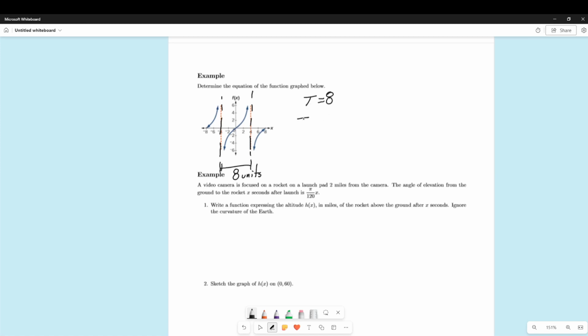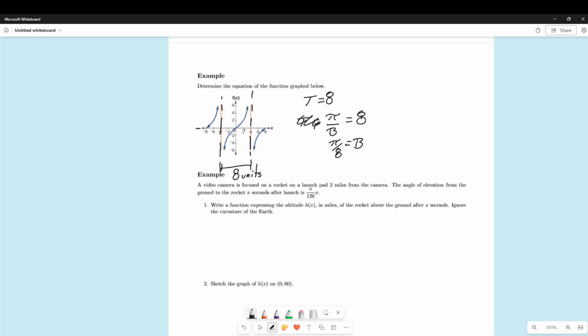And our period for tangent is its natural period, which is again pi, over our compression factor. So we want that to be 8. So solve that for b, multiply by b, divide by 8. B is equal to pi over 8. So that's our compression factor. It doesn't look like there's a lift.